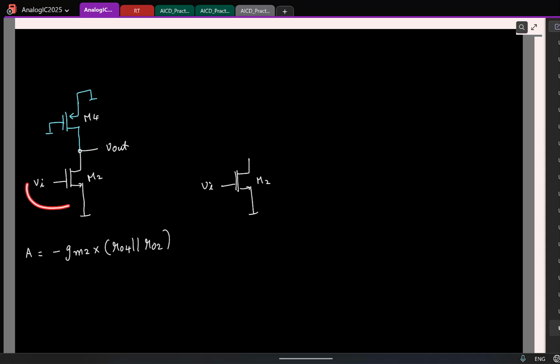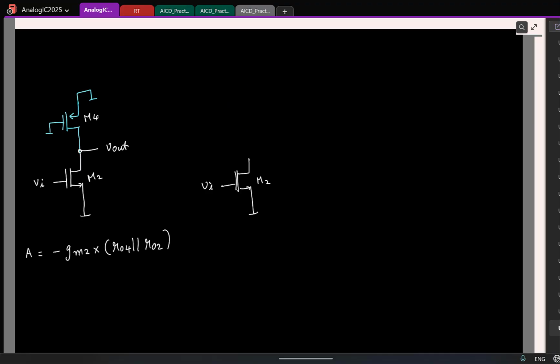Remember, this is the main transistor which is taking the voltage and converts that voltage to a current. Correct? So instead of having a current source now, this current source will be realized using a PMOS cascode. That is, I have the current source here, but then I use a current buffer to buffer the current.